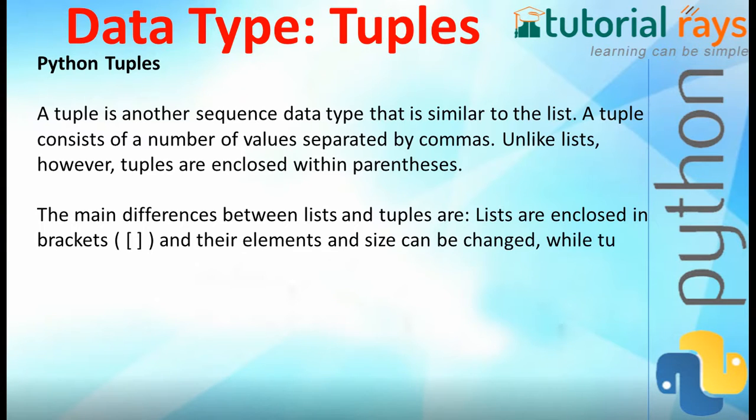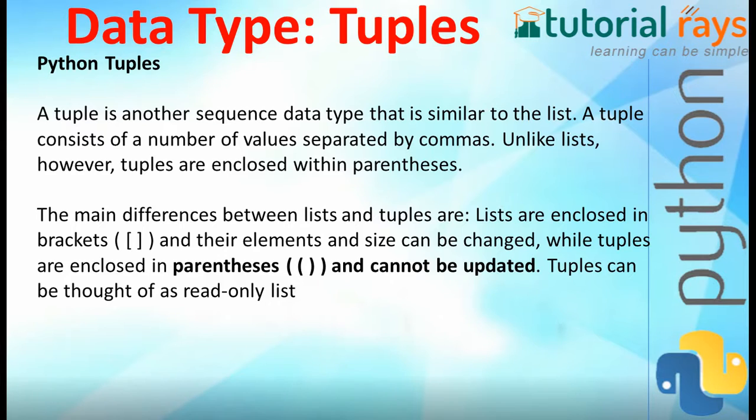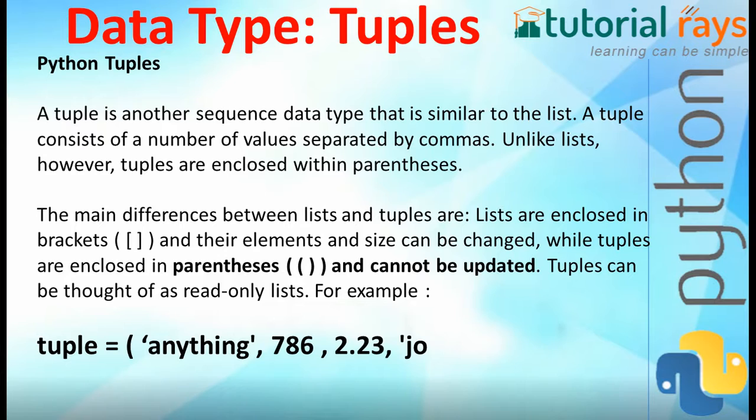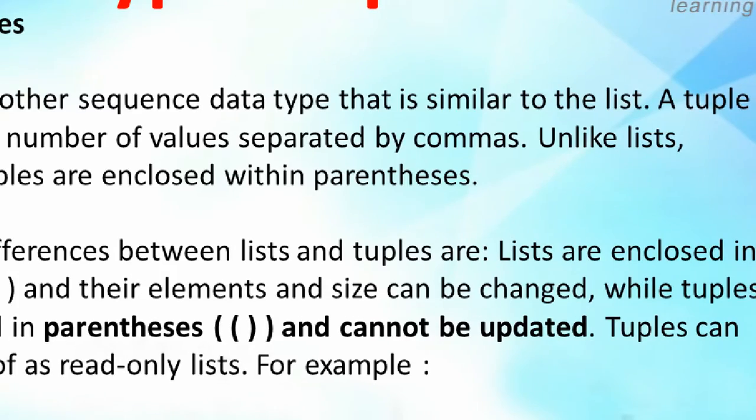The main difference between lists and tuples is that lists are enclosed in brackets and their elements and size can be changed, while tuples are enclosed in parentheses and cannot be updated. So that's the main difference.